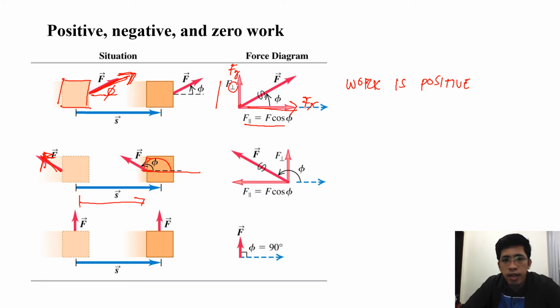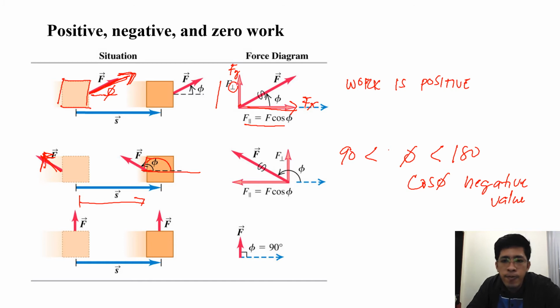Now what do you think of this situation? You have an angle that is greater than 90 degrees. If your angle phi is greater than 90 degrees and less than 180 degrees, you can observe that your cosine phi will have a negative value.